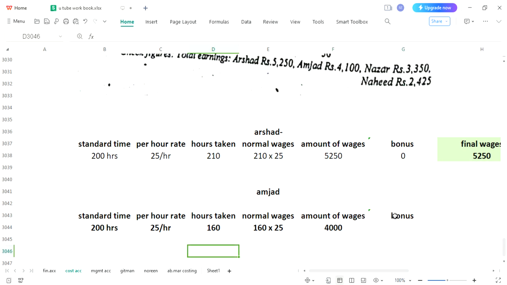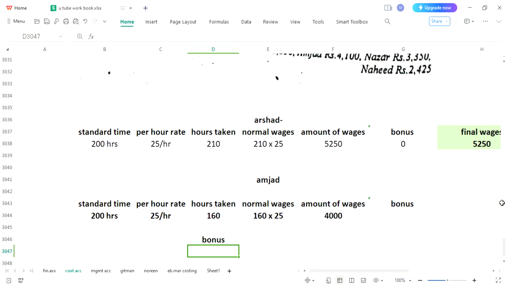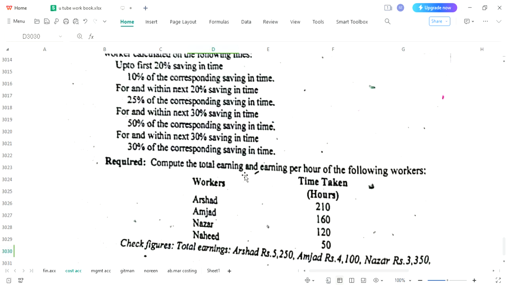For that, let's start from here. Bonus would be calculated separately, otherwise this page would vanish, so I'm using the same page. Look here, this was the stage. Since there was no bonus over here, we could conclude in a single column. For bonus, you will have to read it again: up to first 20% saving.